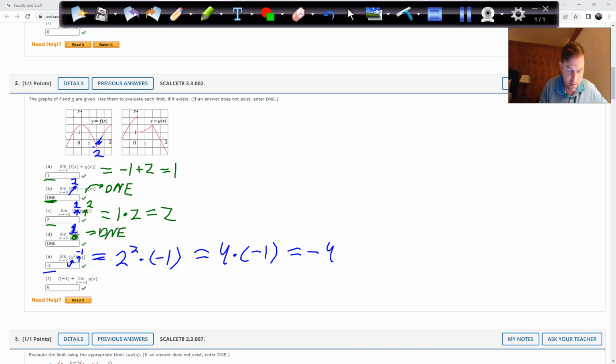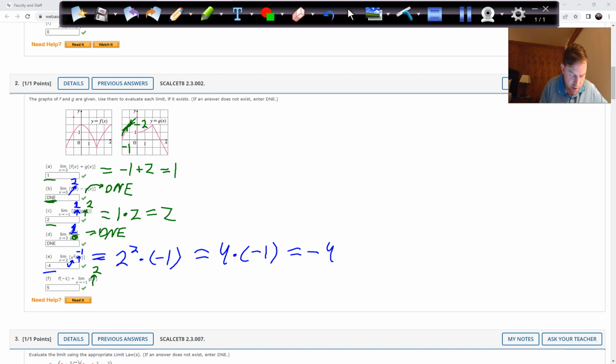Okay, last one. We have just g of x, and we're approaching -1. We're approaching from the left, we're approaching from the right. It's the same number, which is 2. Oh, I missed one here. So this is 2, and they want f of -1. So that's a little different.